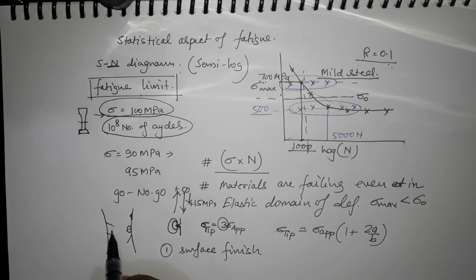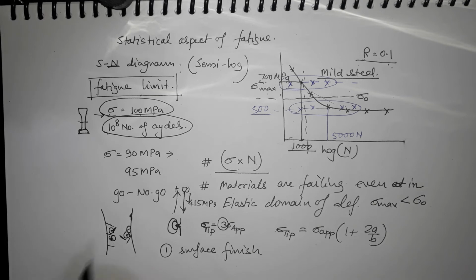So you can have inclusions inside the material. Okay, you can have carbides, you can have different things which can act as stress raisers inside, and they will give you a localized plastic deformation, and these will vary in different specimens.